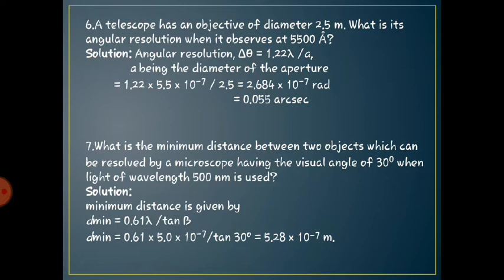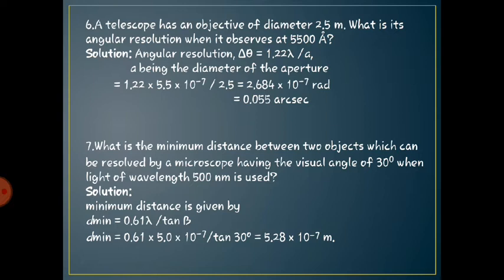Next one. What is the minimum distance between two objects which can be resolved by a microscope having a visual angle of 30 degrees when light of wavelength 500 nanometer is used? One step forward question, very easy.